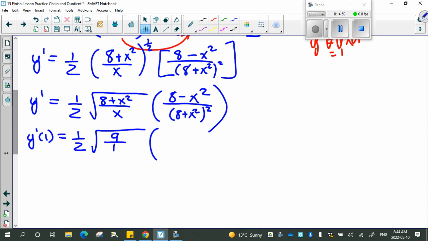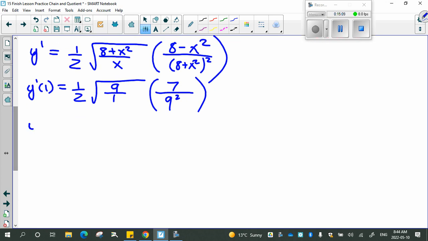Here I would have 8 minus 1 squared, so 7 over 9 squared. Y prime at 1 would be a half times 3 times 7 over 81, which is really like 3 fractions multiplying together. Multiply the top together and the bottom together.